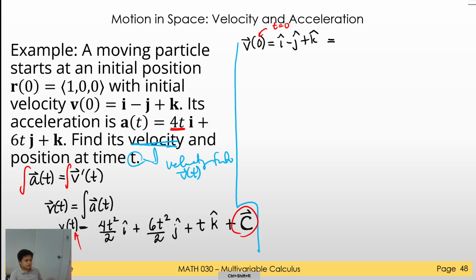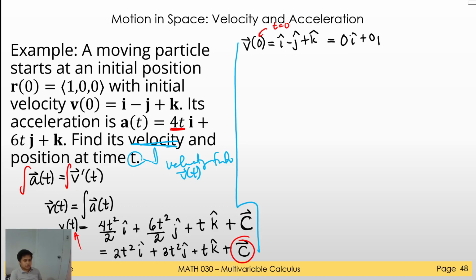then this will be, or sorry, I did not simplify this, no? So 2t squared i plus 3t squared j plus t k. Sorry, I did not simplify. Okay. So this will be now 0 i plus 0 j, so 0 everything, no?